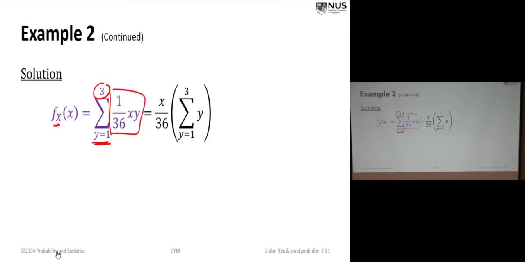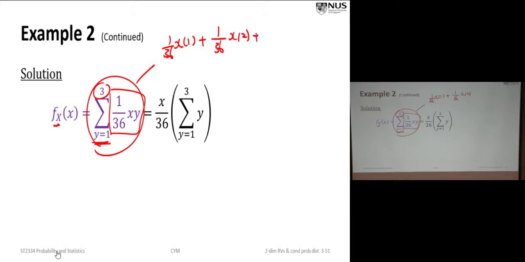What this whole thing means is that when y equals 1, we are summing this. When y equals 2, we are summing this. Y equals 3, and no more. This is just a way to write down this whole expression.